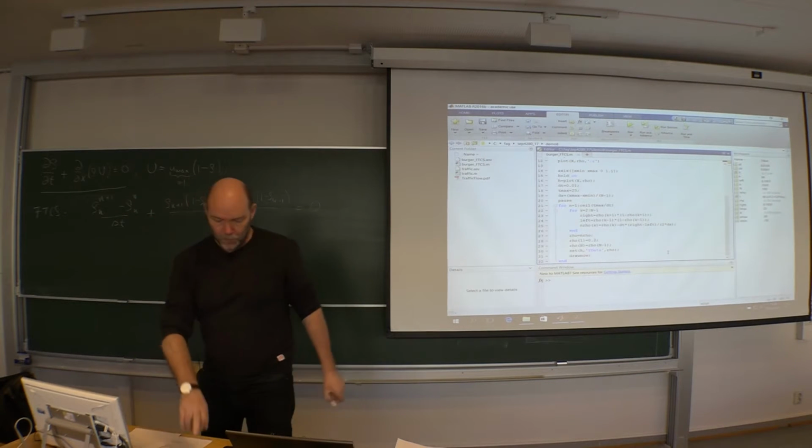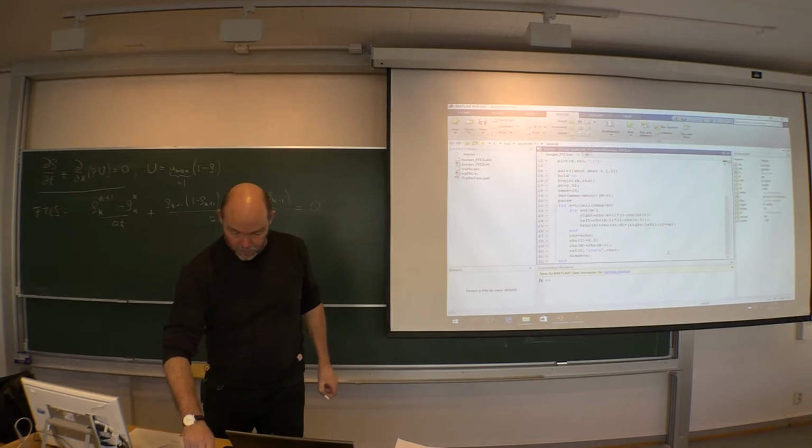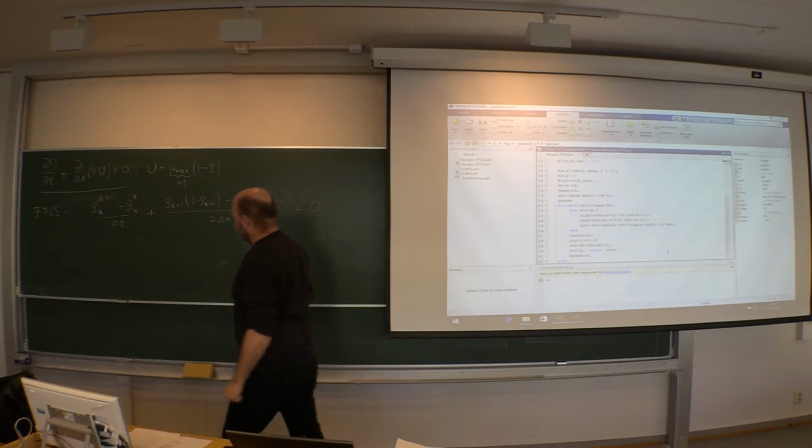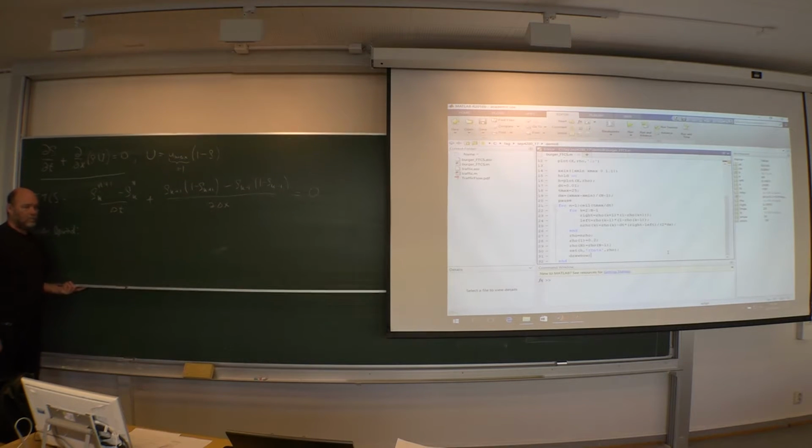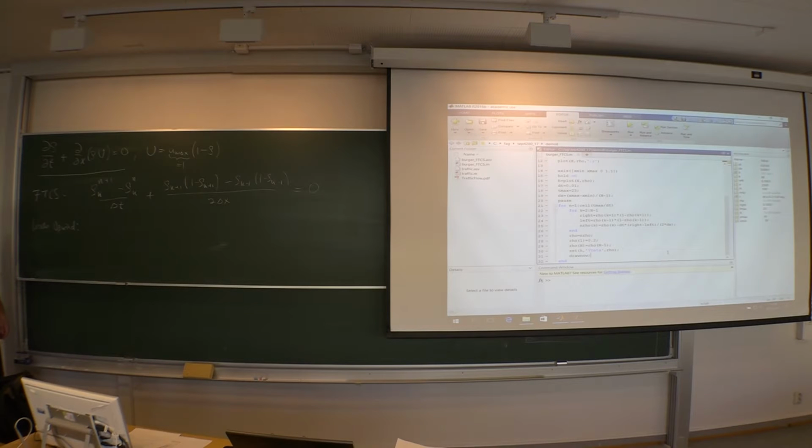So what do we do? Oh, yes. First order upwind. Well, for a first order upwind, I would like to have here a velocity in front. I don't have that.